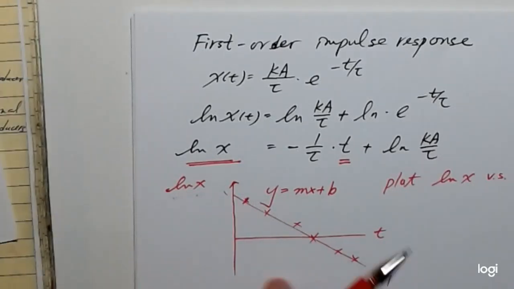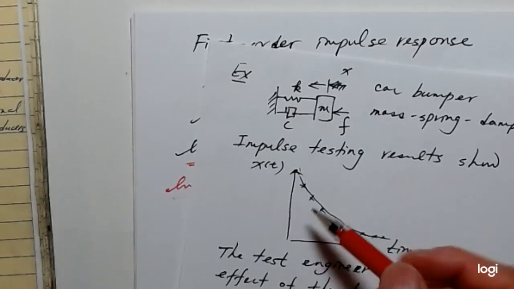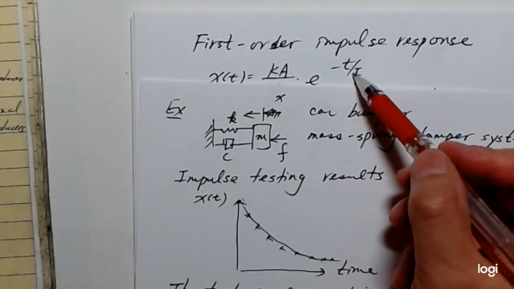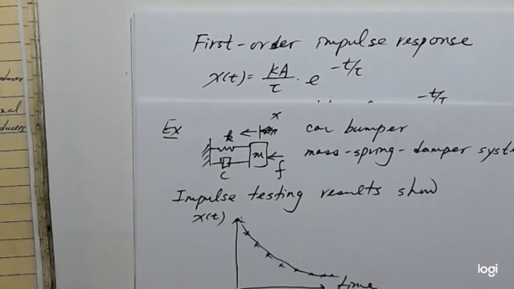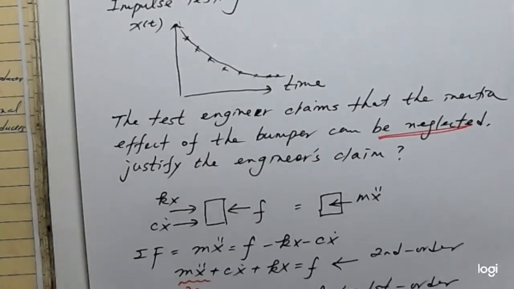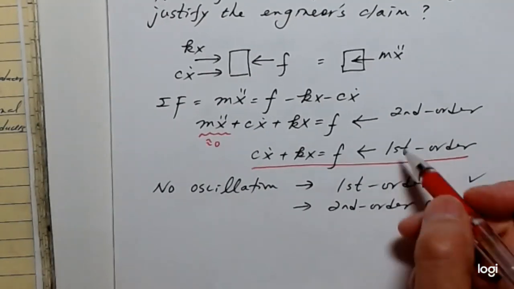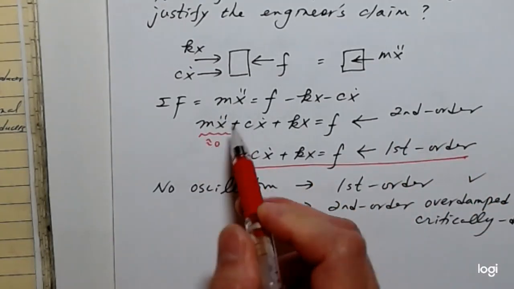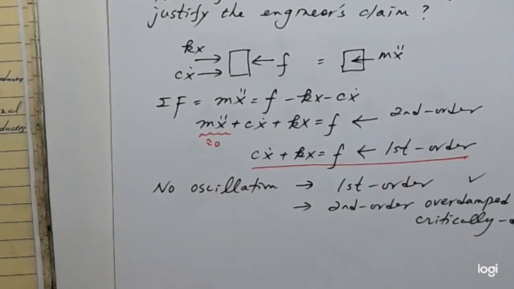If this is first order, these are the equations of this one. And then you can say this is first order system response. In other words, this term is neglected. So you can justify this engineer's claim that the inertial effect can be ignored.